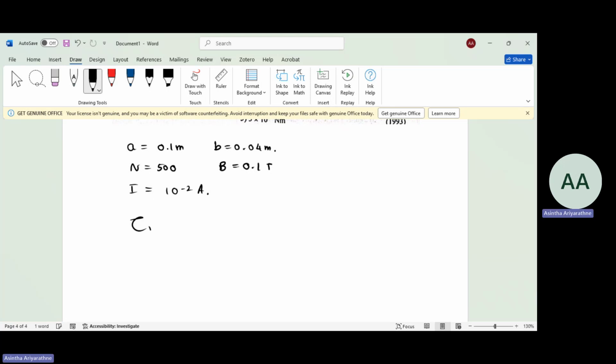Right, so the maximum possible torque is B I N A, which is 0.04 times 10 to the power minus 2 times 500 times the area.